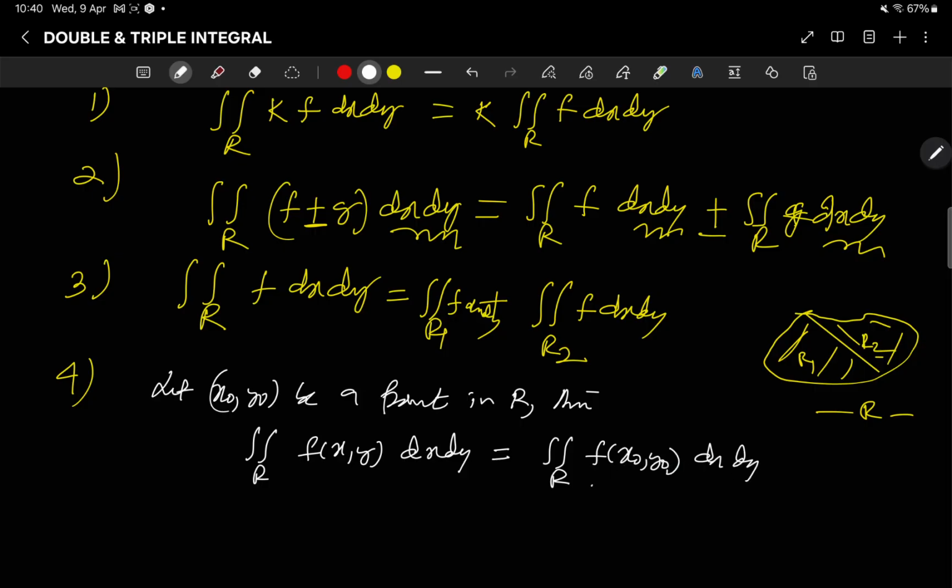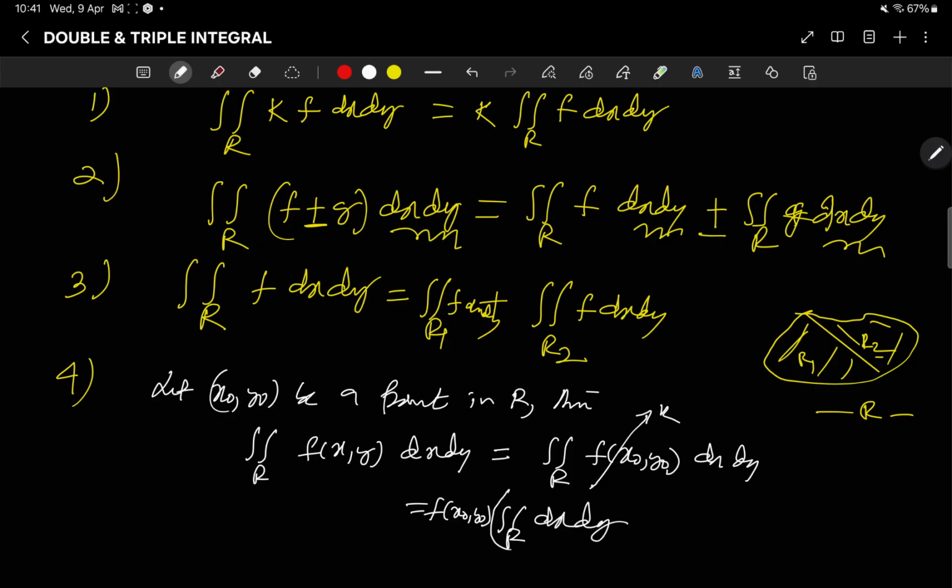The moment it is a constant, it can be taken out, so this will be f(x0, y0) taken out, times dx dy.